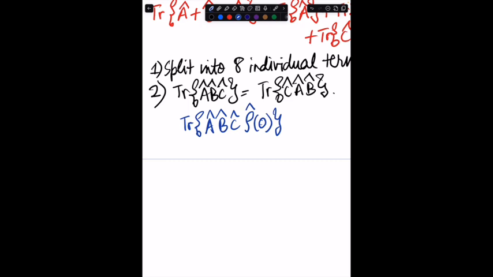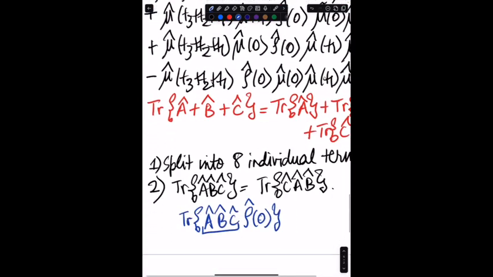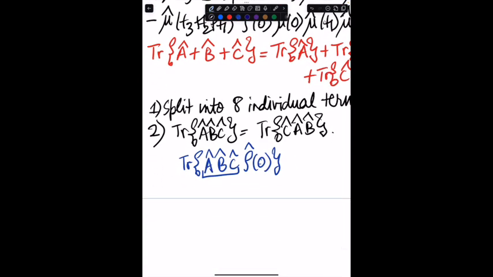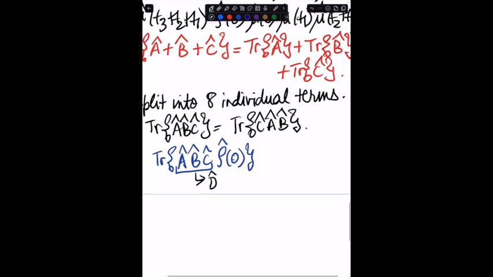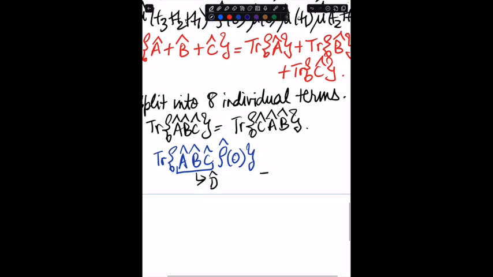If you recall, the product of these operators will effectively give you another operator, right? So the trace of this operator, let me call it D, which is the effective operator constructed from multiplying the three operators, is just given by the expectation value of the operator D.